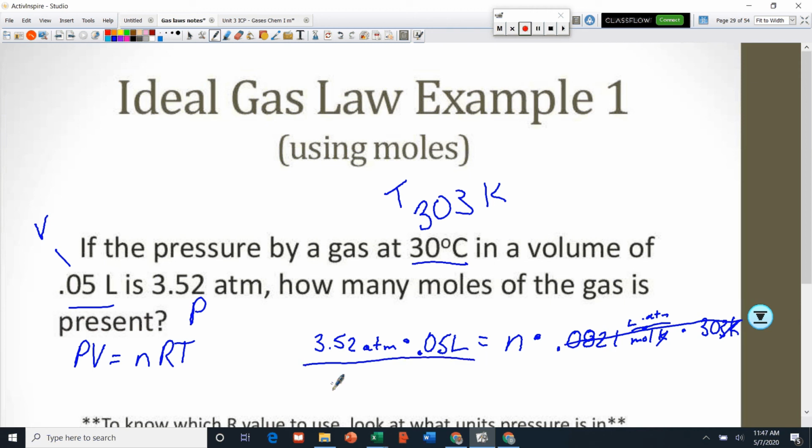And then over here, I have 24.88 liter atmosphere over mole. So when we do this, we get rid of liters, we get rid of atmospheres, and we're left with 1 over moles, which is actually just moles.